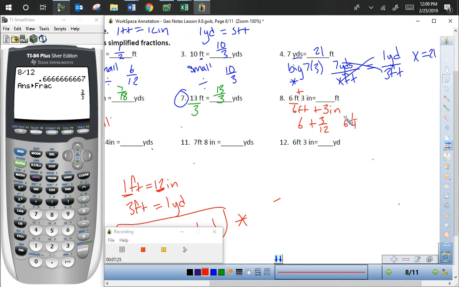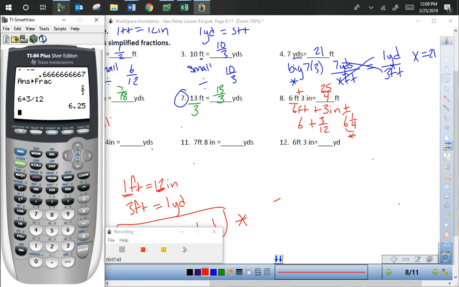And then we need to go ahead and change that to an improper fraction like we did before. 4 times 6 plus 1 is 25 over 4. But you can just type this in as 6 plus 3 divided by 12 and let your calculator change that to a fraction for you. Okay?